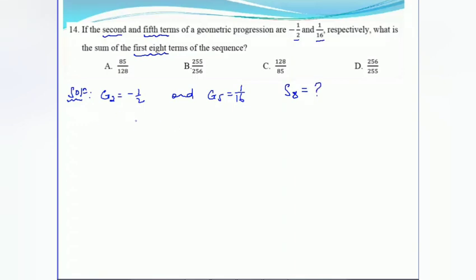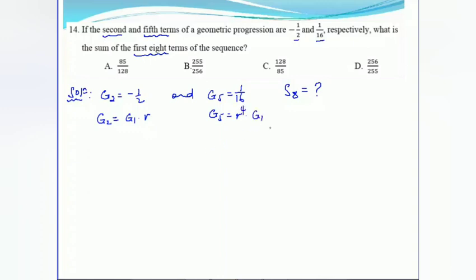So let us first, from the given information, calculate the first term and the common ratio. Definitely the second term is the first term times the common ratio, and the fifth term is r to the power of 4 times the first term.